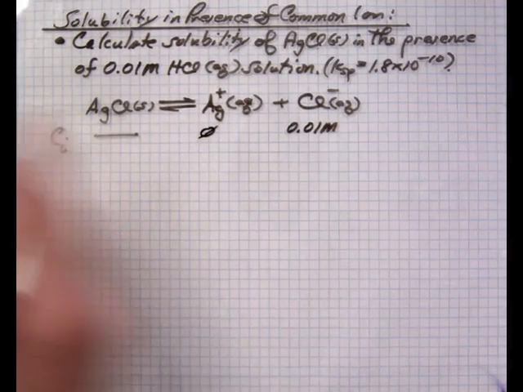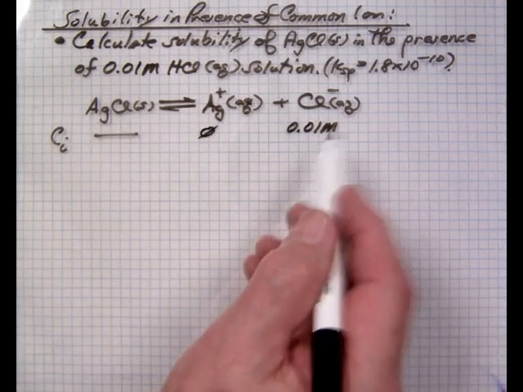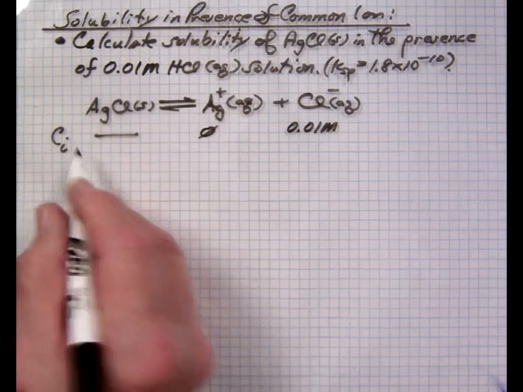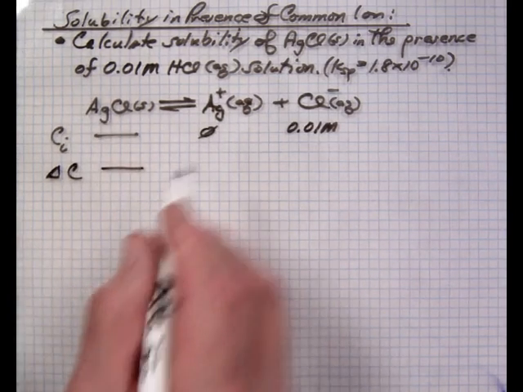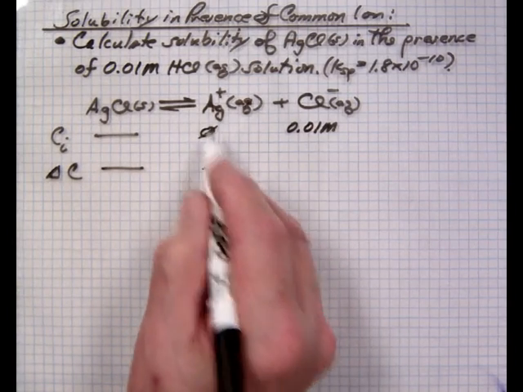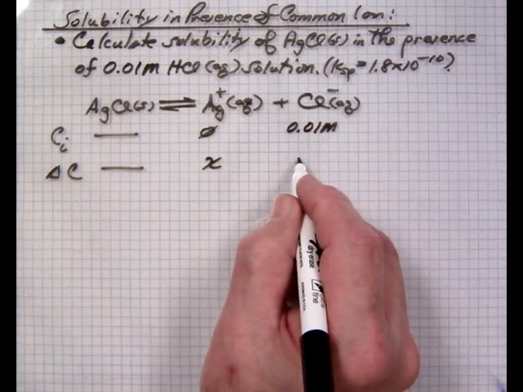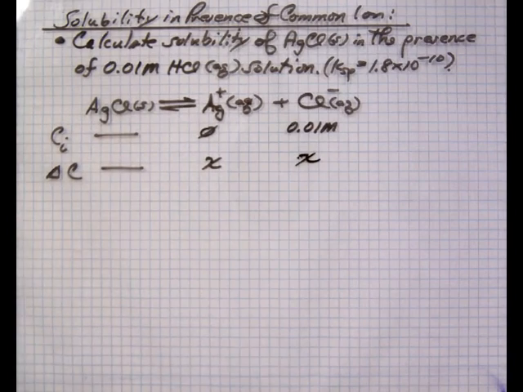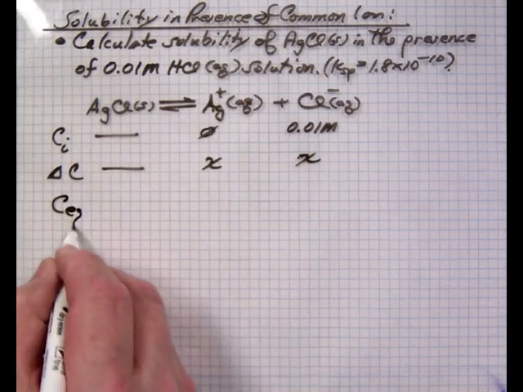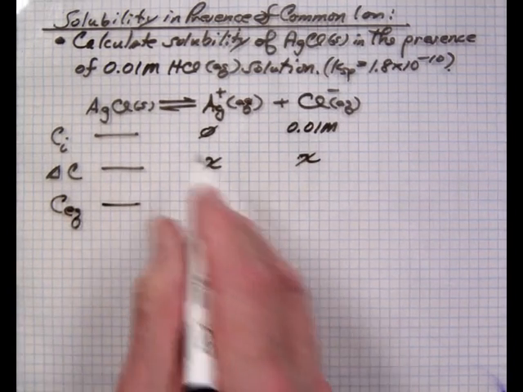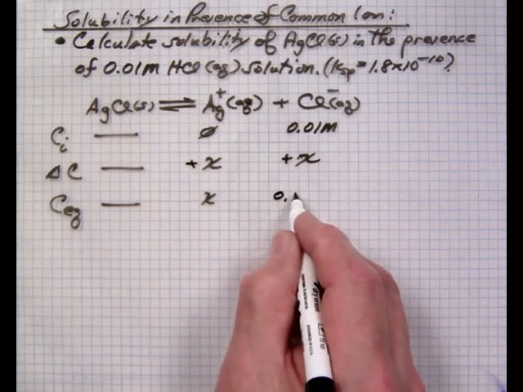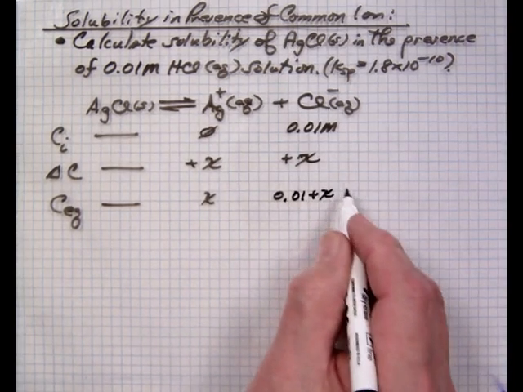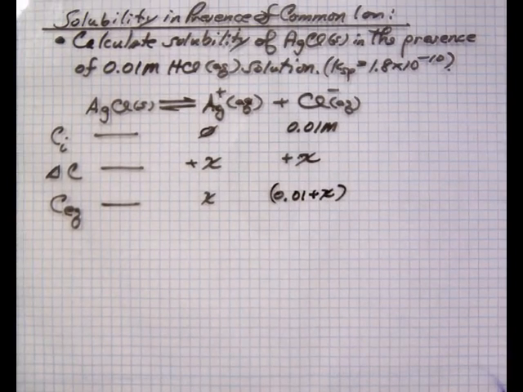Before ionization occurs in the presence of the ion, we write that as the initial concentration. That changes in concentration: we deliver X silver and X chloride, and at equilibrium we have X silver and 0.01 plus X in chloride.